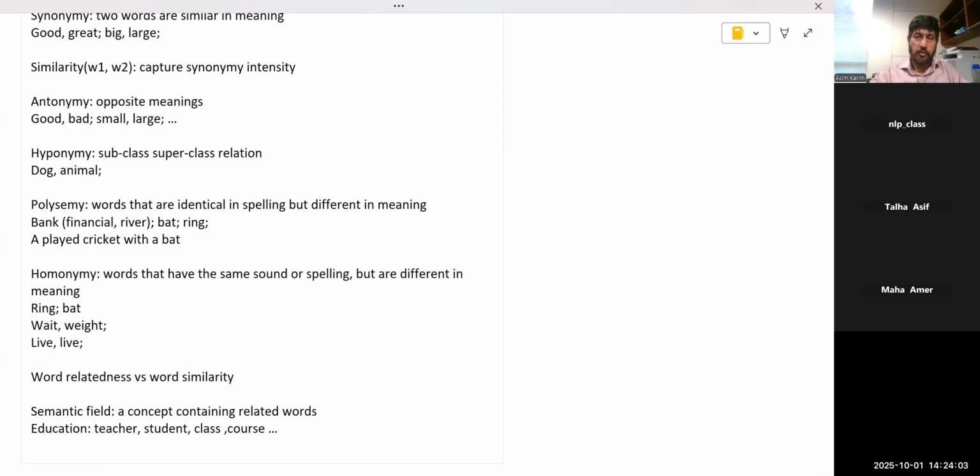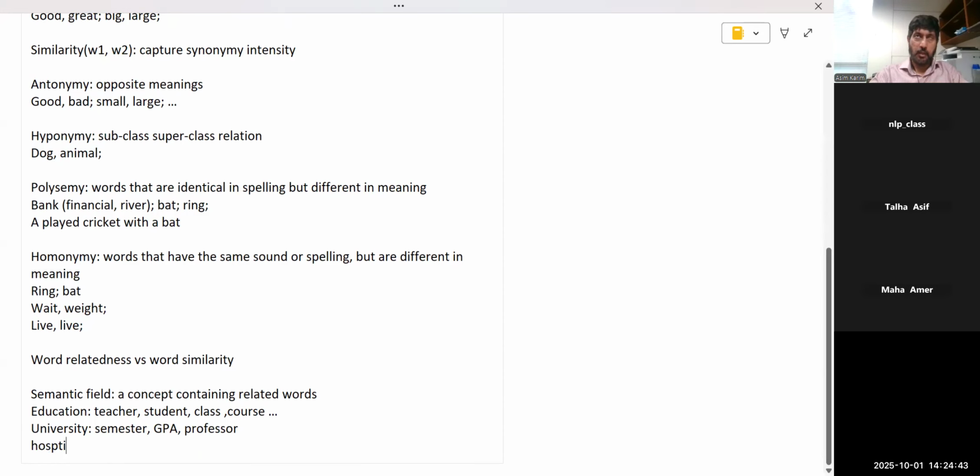So for example, like I talked about education, if I define an even more specialized concept, let's say university, some of those terms will come in but some additional ones will also come in, for example semester, GPA, professor, all of these would now be related under the concept of a university, which you can say is a sub concept of education. Okay? So you can build this kind of hierarchies also. So again for example, take the concept of hospital, then in it for example there will be nurse, patient, and so on, doctor, etc. Okay?